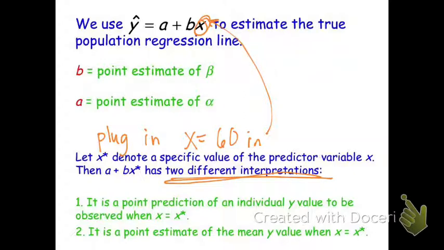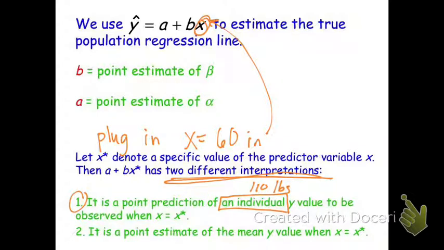So one interpretation is that a woman who is 60 inches will potentially, or I predict that they will weigh 110 pounds. So it's for an individual. So the next woman that walks through the door that's 60 inches tall, I predict that one person will weigh 110 pounds.